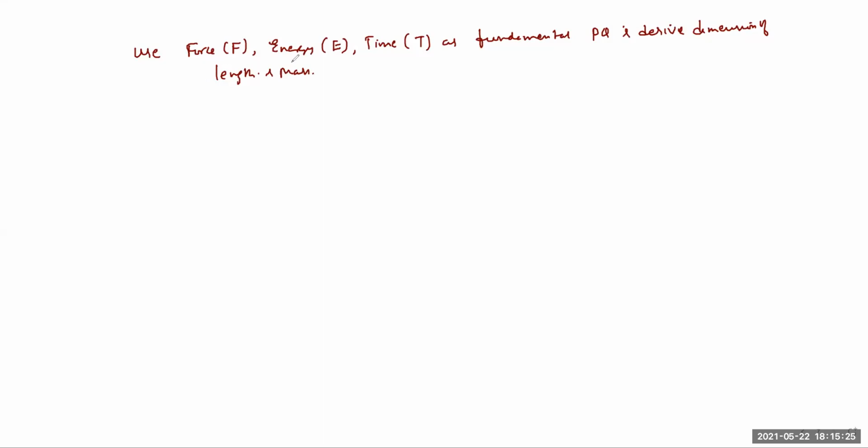So I give you these many things. These are like something fundamental to you. You have to cook these two recipes, length and mass, using these ingredients.